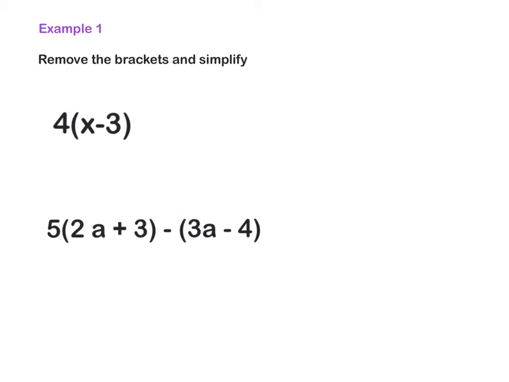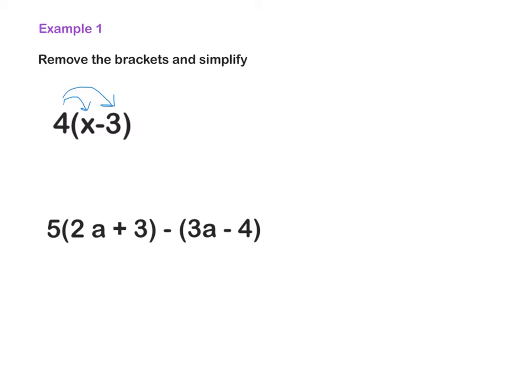So we are using the distributive property, and we need to distribute the numbers. We need to multiply 4 by x, so I ask you to draw the arrows. It's really helpful.